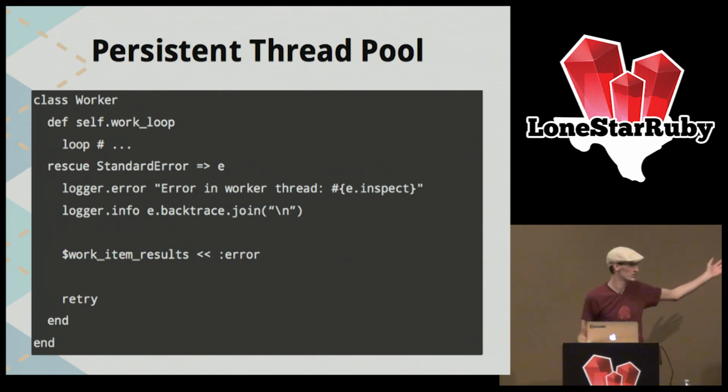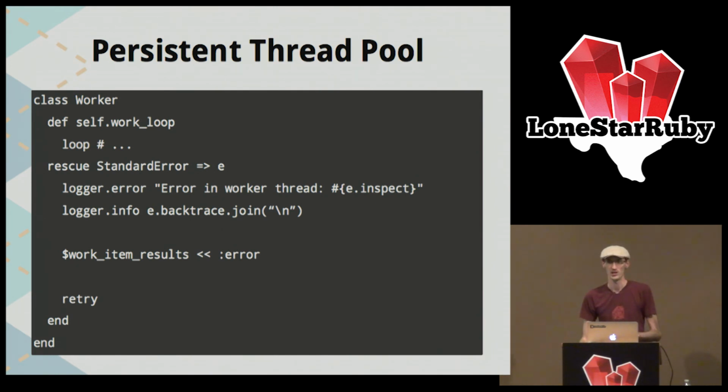So here I'm rescuing StandardError, because if anything goes wrong when I'm trying to process the whatever, I want to log it, I want to know about it, but I don't want that exception to kill this thread. So I log it, and in this case I'm sticking the symbol error in the results queue so that I communicate something went wrong, and then retry.